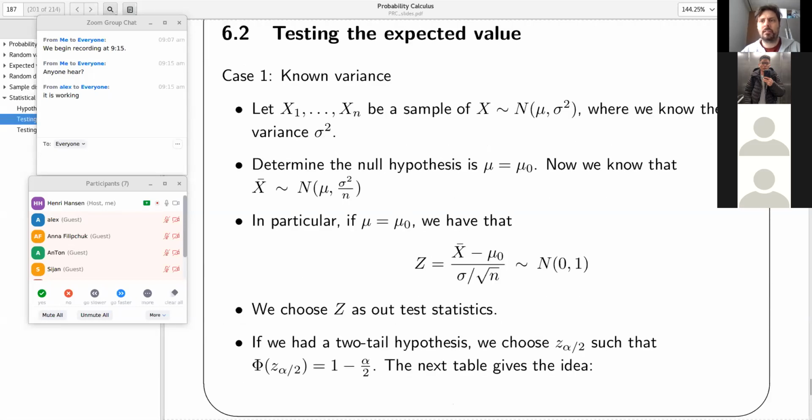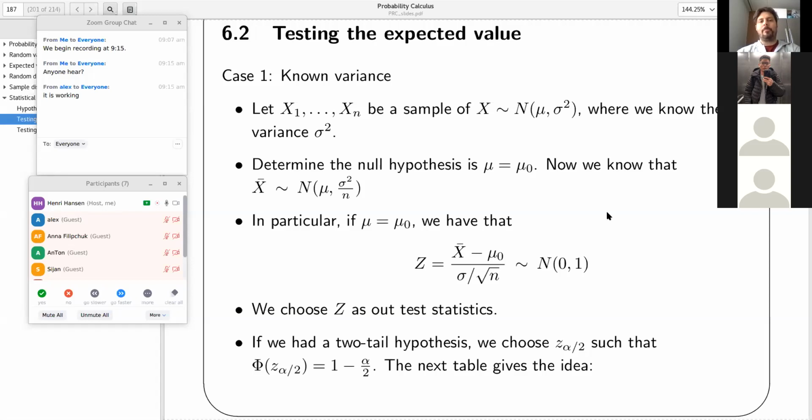We talked about testing the expected value, and the idea of expected value testing is that we come up with the test statistic that has, in this case, the 0-1 normal distribution, and this is called Z. Very easily, if we have a sample, the sample mean has the same expected value as the original variable.